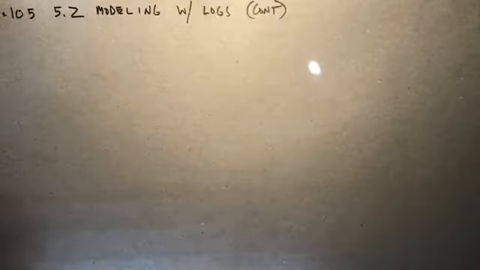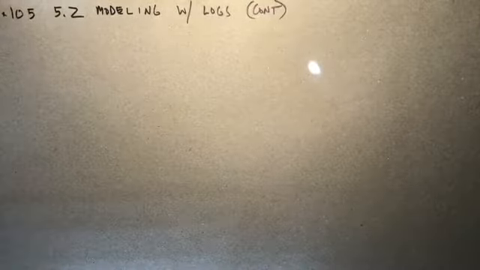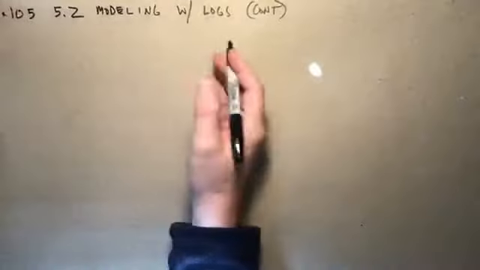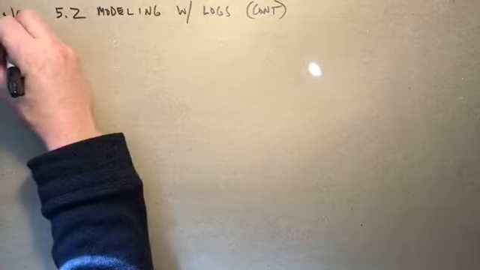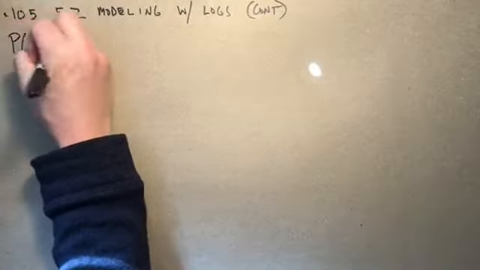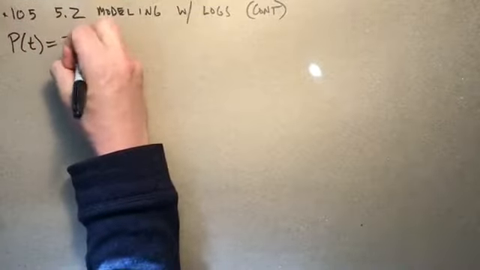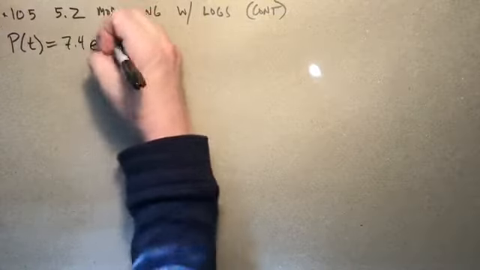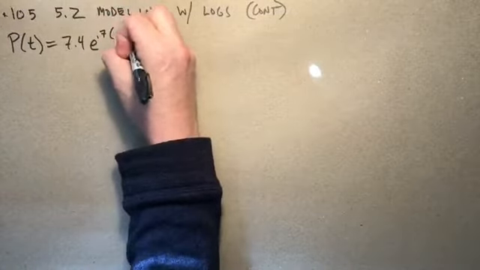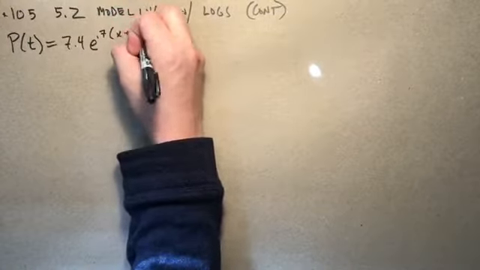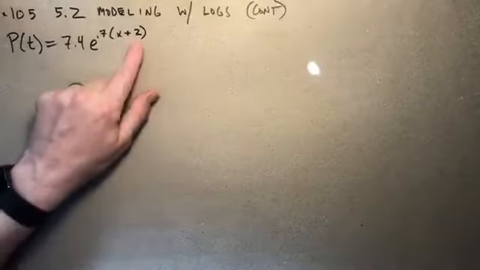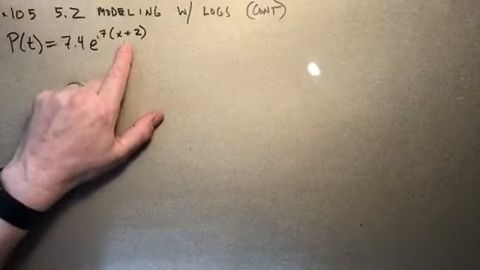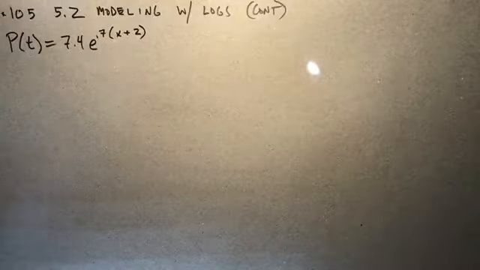Let's talk about one last type of problem here. And maybe the problem will have a story that starts out like this. Suppose P of t is equal to 7.4 e to the 0.7 x plus 2. This means 2 days before our experiment started, the population was at 7.4.